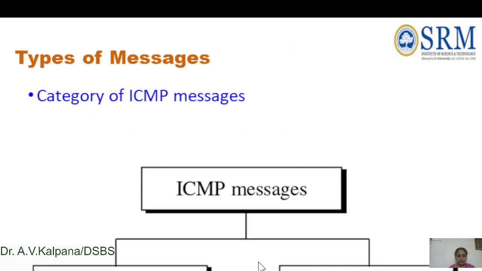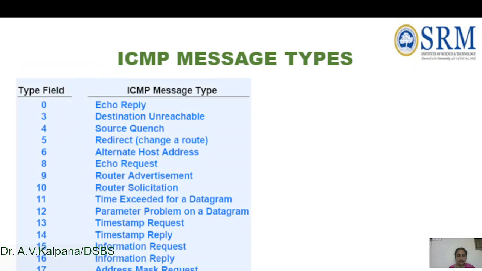Now we can classify ICMP messages into two categories. One is error reporting, the other is query messages. Error reporting messages are type 3, type 4, type 5, type 11 and type 12.